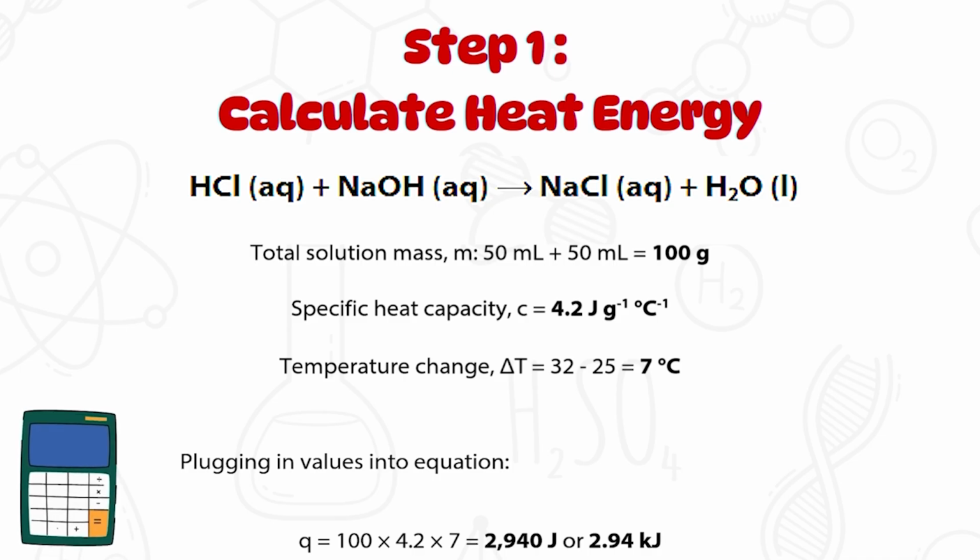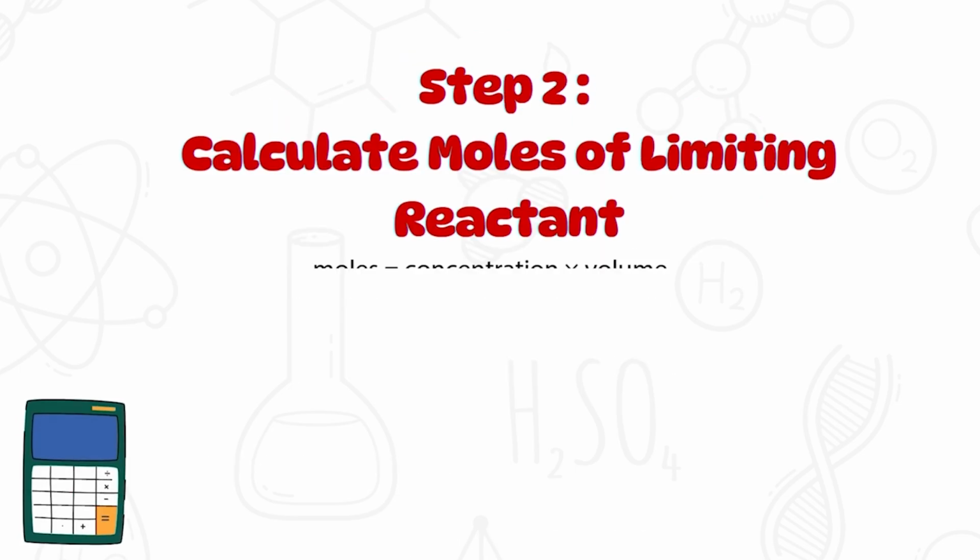The temperature change is our final value, 32 degrees Celsius, take away our initial, 25 degrees Celsius, we get 7 degrees Celsius. Plugging the values into our equation, we get 2,940 joules, or dividing by 1,000 to get kilojoules, we get 2.94.